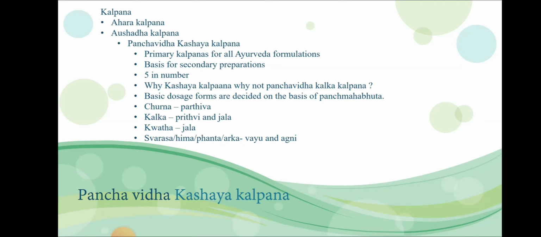The main Panchavidha Kashaya Kalpana are Swarasa Kalpana, Kalka Kalpana, Kwatha Kalpana, Hima Kalpana, and Phanta Kalpana. In addition to that, Kashyapa added Churna Kalpana and Abhishava Kalpana to it.